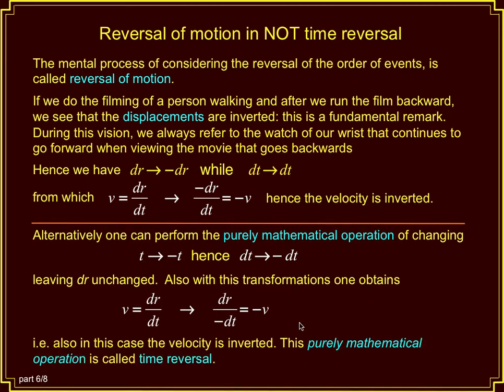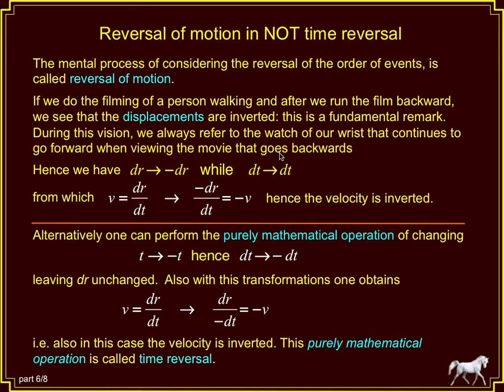But this is a purely mathematical operation that is called time reversal. In the first case, you change the displacement dr into minus dr, but leave the measure of the time interval dt unchanged, because you compare the backward motion with your watch that always goes forward.